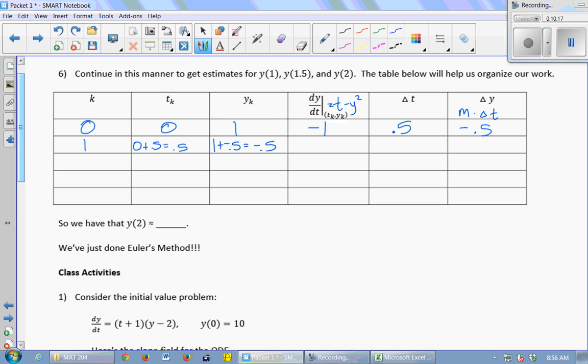And then we use the new point, t comma y, to calculate a new slope using the differential equation, dy dt is t minus y squared.